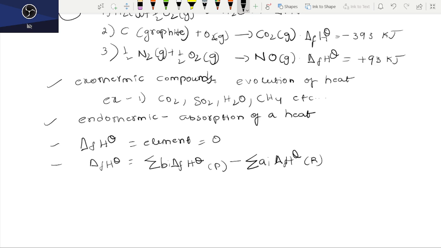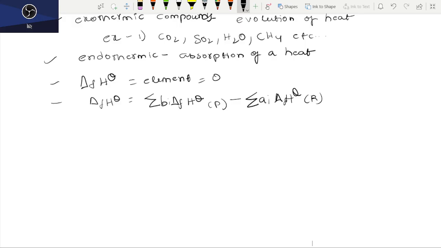Okay. Now let us continue with the second type of enthalpy. The first enthalpy was discussed successfully. The second type of enthalpy is the standard enthalpy of combustion.